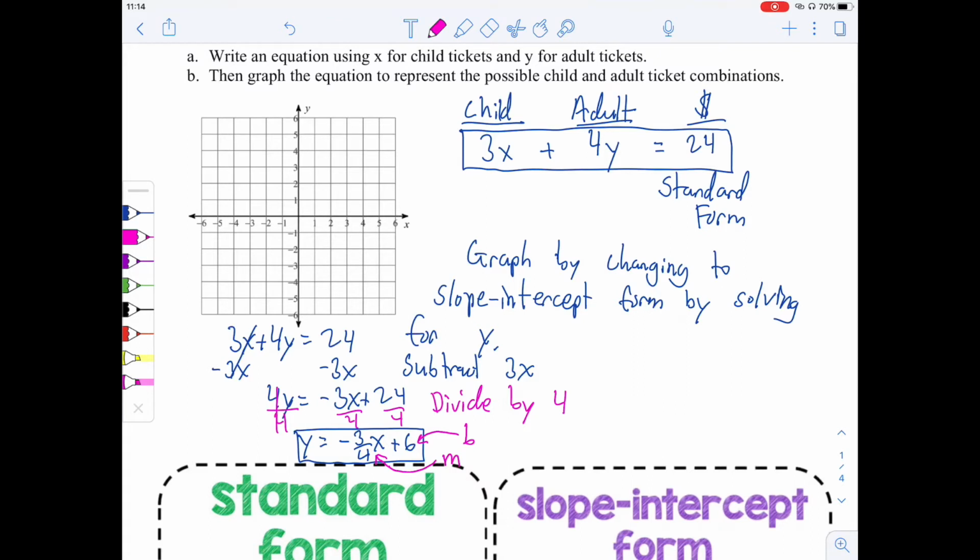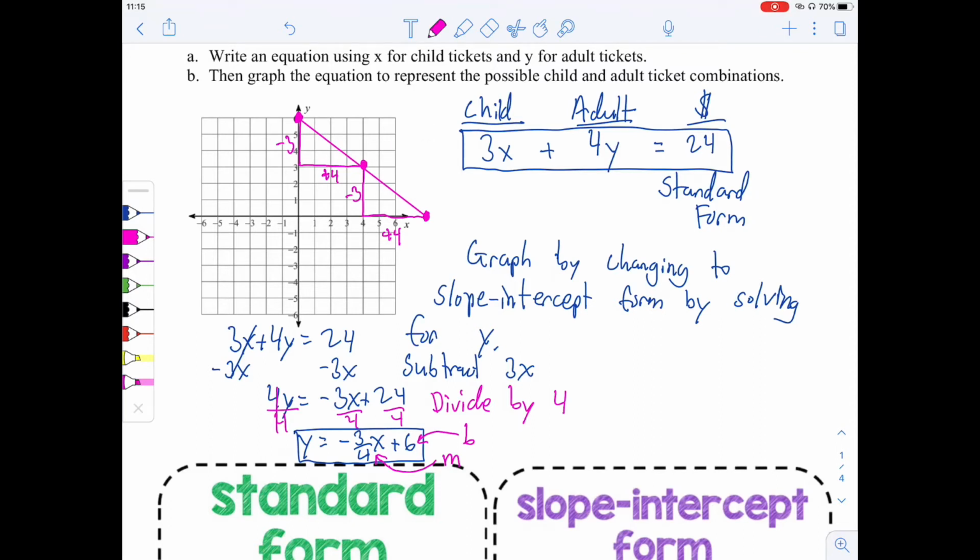So we start at our y-intercept, which is 6, use our slope, negative 3 over 4, so down 3, 1, 2, 3, and then right 1, 2, 3, 4, right there. You go down 3 again, right 4, right there. And we have our nice little graph right there.